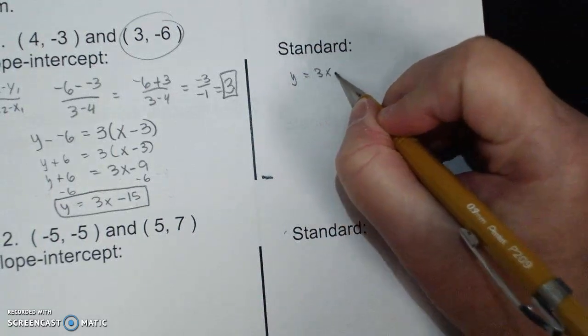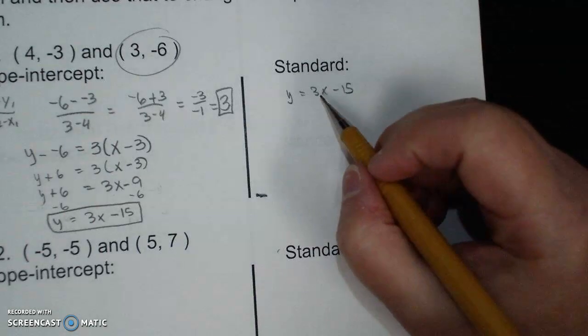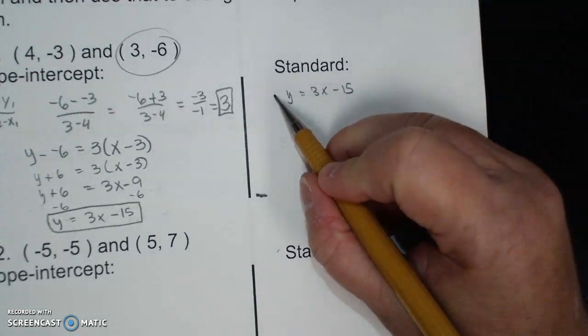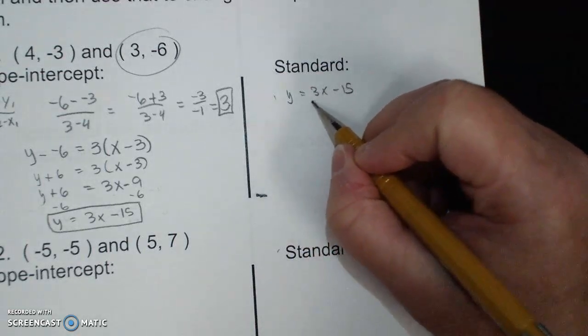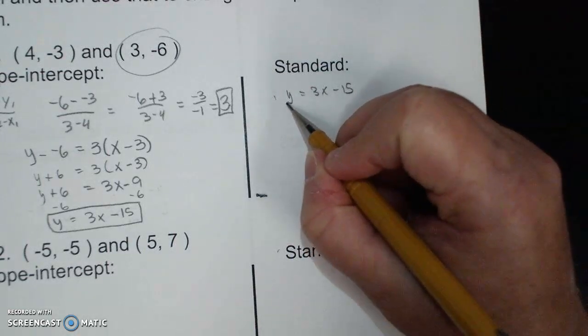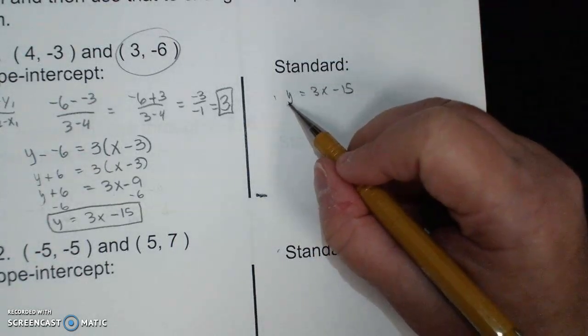Y equals 3x minus 15. It requires 2 moves no matter what. If you move here, then you have to get rid of the leading negative. If you move here, you just have to flip it around. So I like positives and then the commutative property.